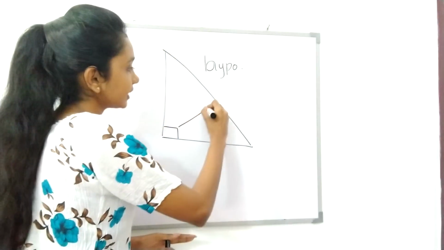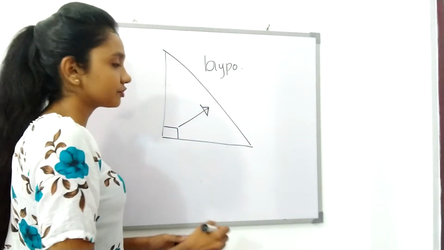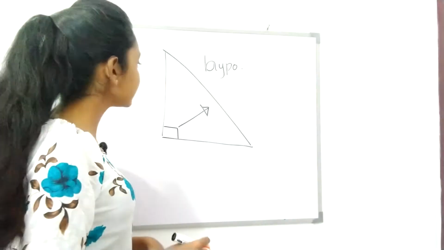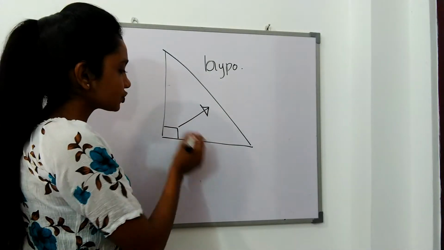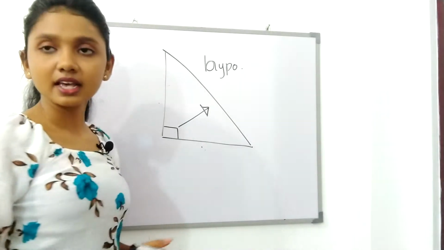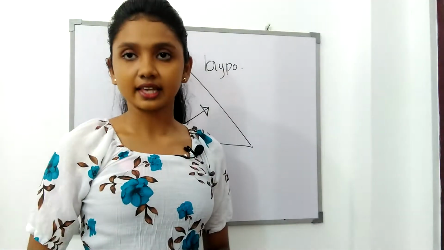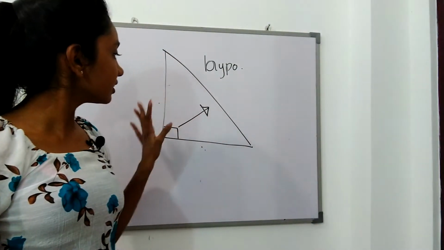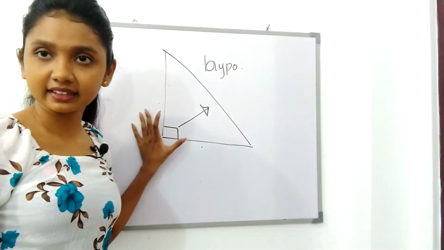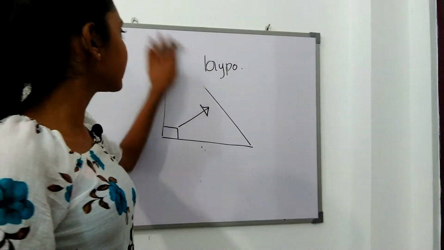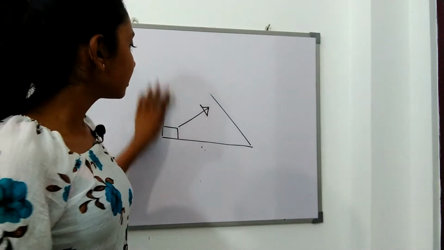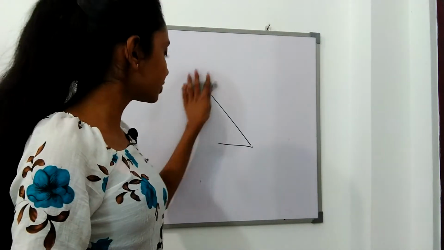Hypotenuse means the side in front of the right angle. And these two sides we name as the included sides for the right angle. So these are the three basic things you should learn in a right angle triangle.